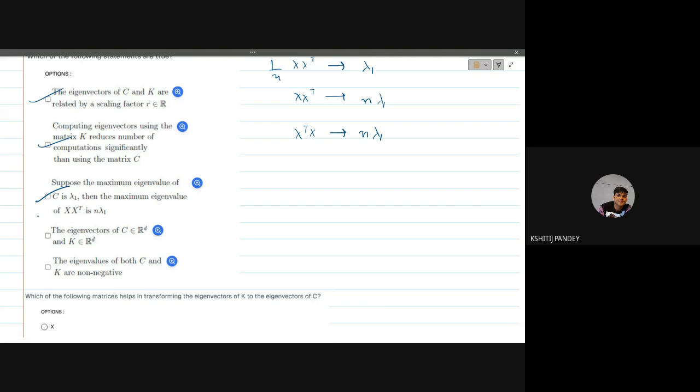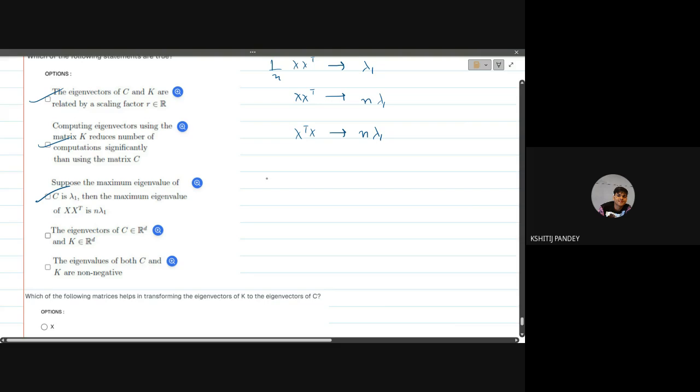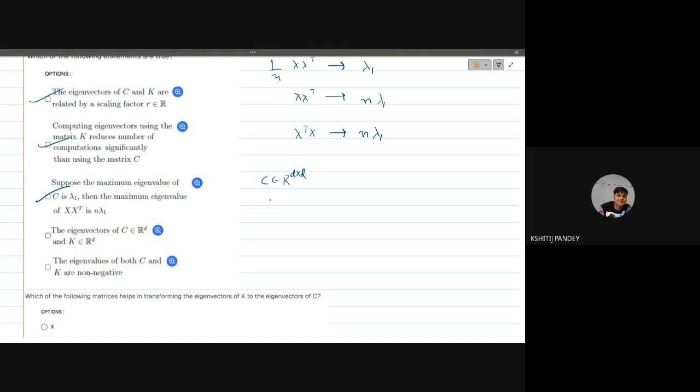Okay. So C belongs to R D cross D, correct? So the eigenvectors for this, let's say the eigenvector is W1, will belong to R D, correct? For K, which belongs to R n cross n, the eigenvector will belong to R n.